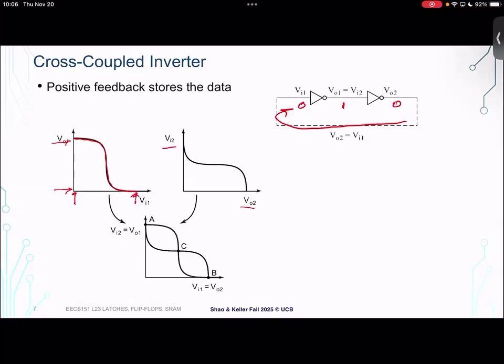So for example, if the input here is close to VDD, but maybe not all the way at VDD, well, that first inverter is going to restore the voltage to be very near to VDD, right? And then the second inverter is going to boost it up further until eventually it will be driven to this stable point. Or if you start somewhere in the top left of the plot, it'll be driven to this stable point. So this is just a way of visualizing the positive feedback of our cross-coupled inverter.